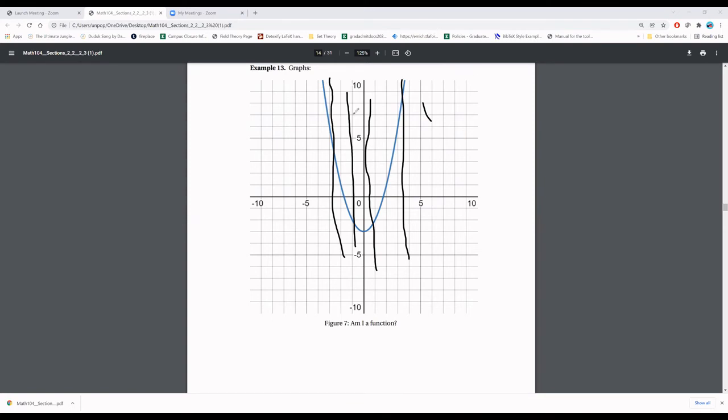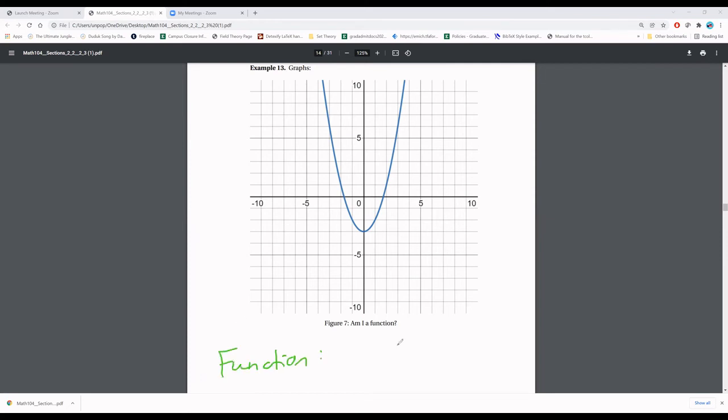I don't see anywhere where I could have a second crossing. So we believe that this is a function because it passes the vertical line test. So yes, function should probably be green. The justification here being that it passes the vertical line test, VLT. This must be a function.